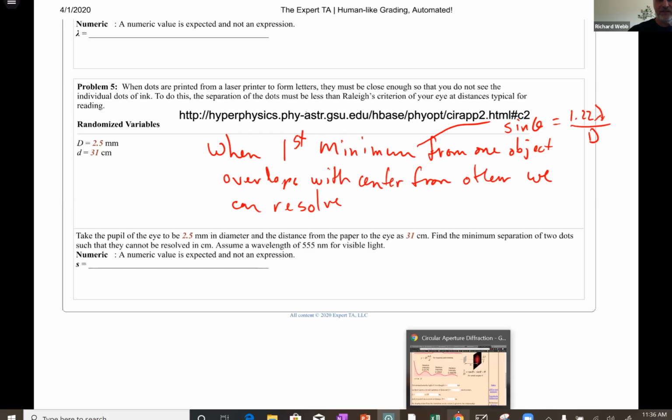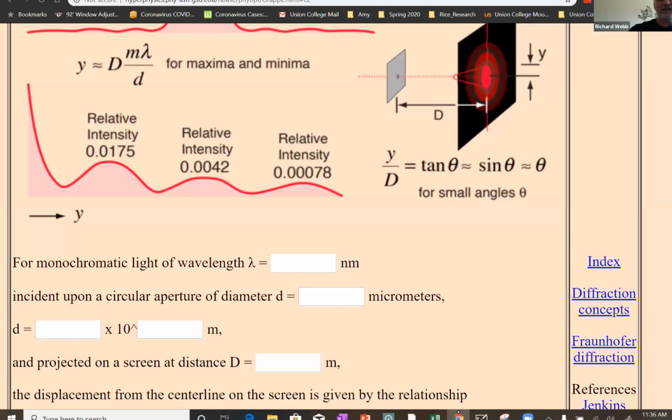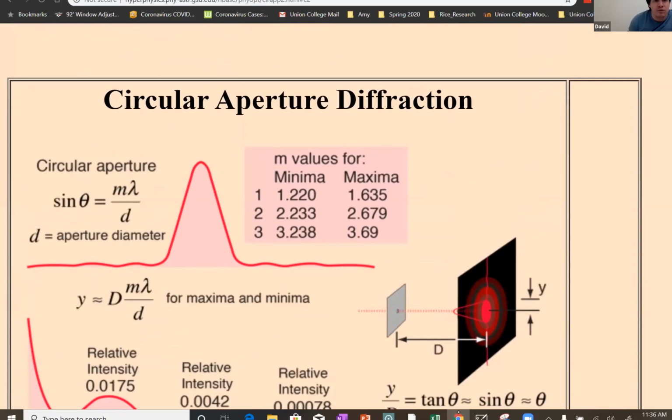And once again, just to make sure that we have 1.22, it comes from right here, which you can't see me circling, but I was. Actually, I can annotate, now you can see me circling, it comes from right there. So it's combining this equation with that number for the first minimum.